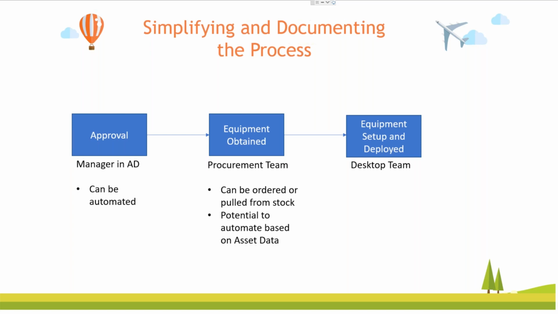Then we've got a task to go ahead and obtain that equipment. That's going to be done by the procurement team. Now that could be that they need to actually go and order it because you haven't got one ready from your vendor. It could be that they can pull it from stock because they have one. It could be a combination of that. Maybe they check stock. If they've got it, pull it from there. If not, it needs to be ordered.